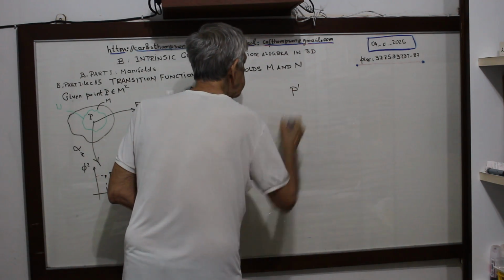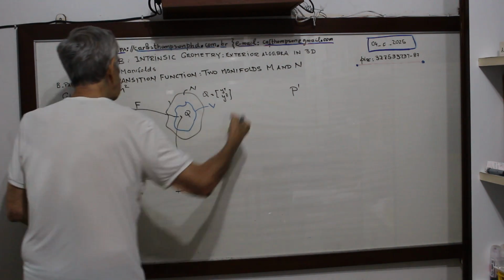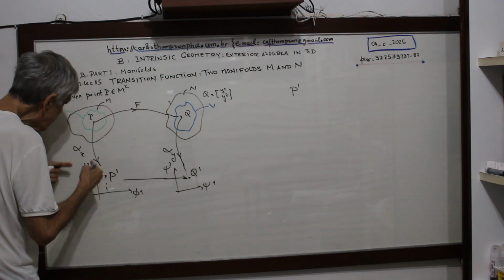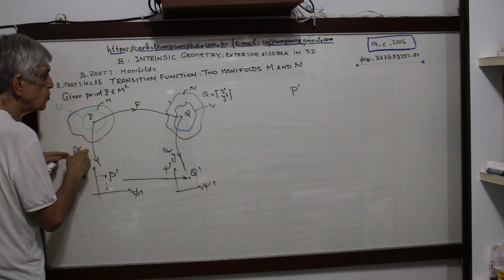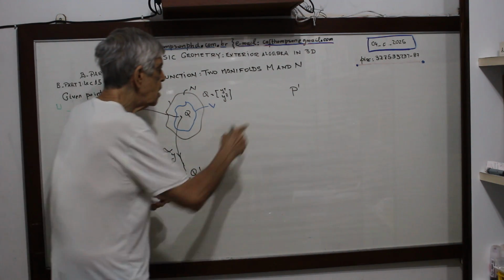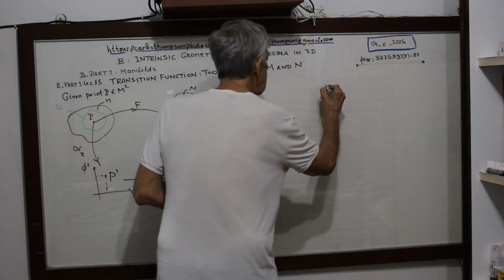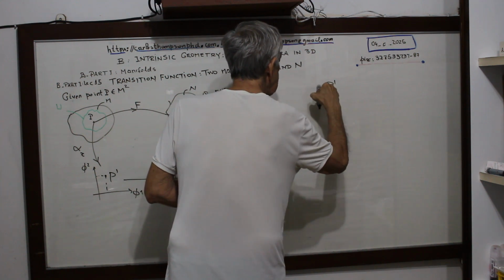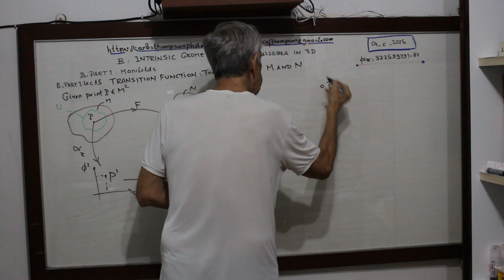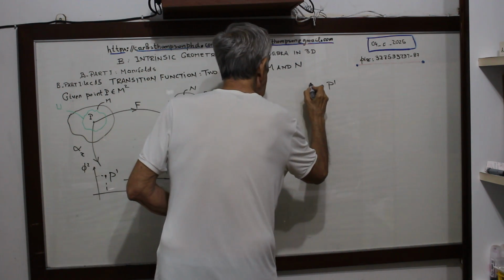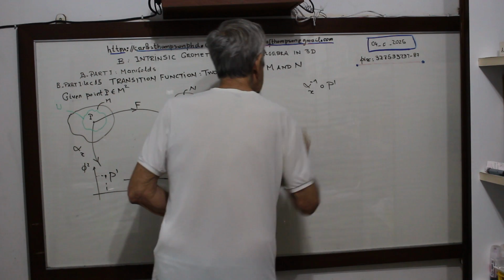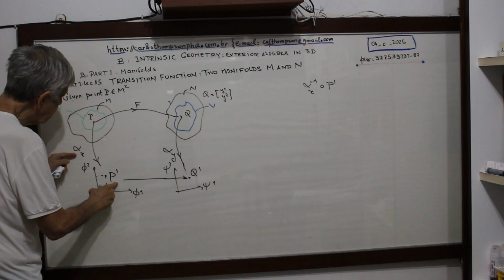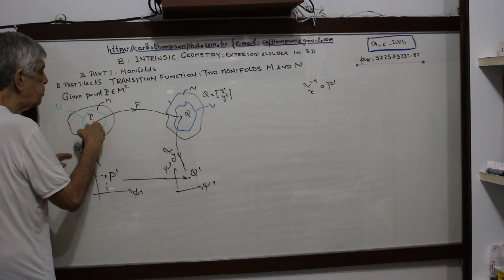You put here P prime. Now, I walk from P prime to P, I must use alpha x minus 1. So I'll put it over here. This is P prime. Next I compose with alpha x minus 1. If I compose P prime with alpha x minus 1, I already obtain point P.